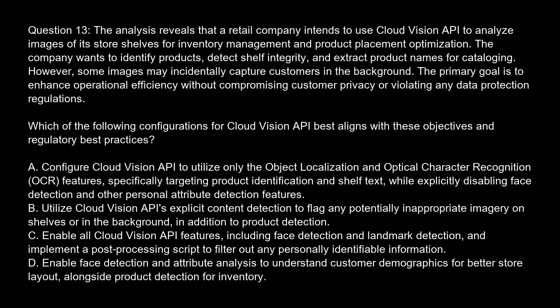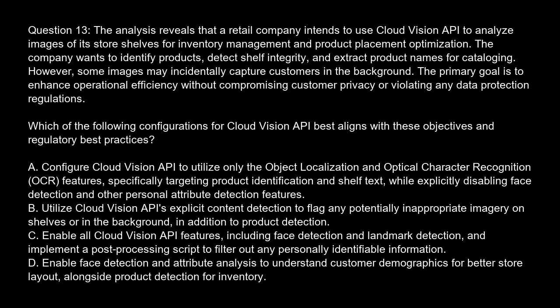Option A. Configure Cloud Vision API to utilize only the object localization and optical character recognition (OCR) features, specifically targeting product identification and shelf text, while explicitly disabling face detection and other personal attribute detection features. Option B. Utilize Cloud Vision API's explicit content detection to flag any potentially inappropriate imagery on shelves or in the background, in addition to product detection.